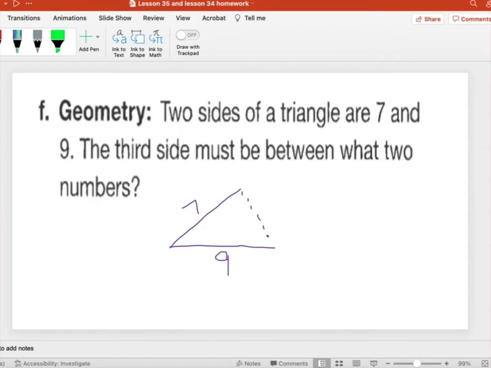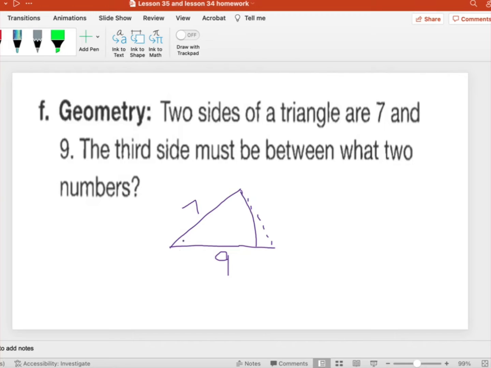Okay, now remember that a triangle must have some height. But let's just pretend that this line right here went lower and lower and lower, so finally it would just lay right down here on top of this one.